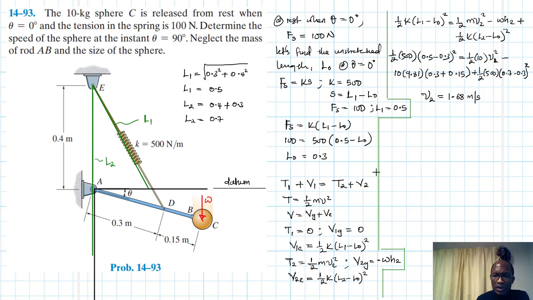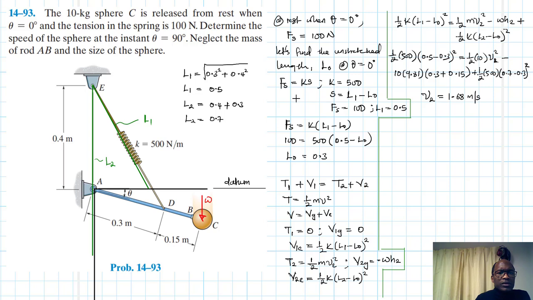Let me check it once more: 0.5 times 500 times 0.5 minus 0.3 squared, plus 10 times 9.81 times 0.3 plus 0.15, then minus 0.5 times 500 times 0.7 minus 0.3 squared, divided by 0.5 times 10, then the square root of that: 1.68.